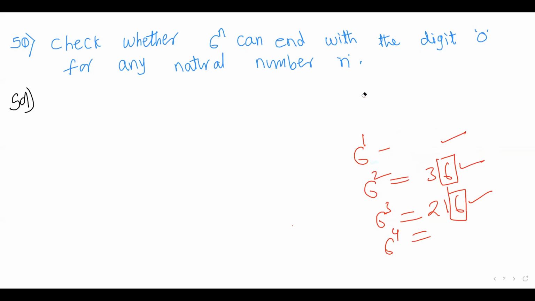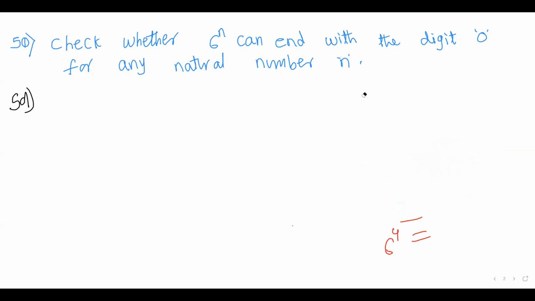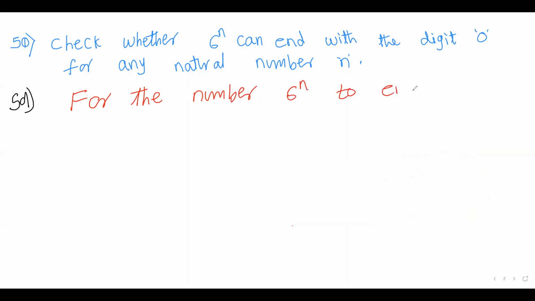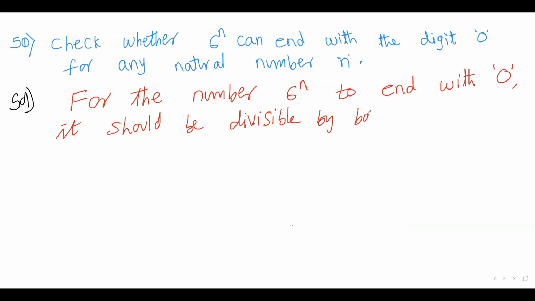So how you will write the answer, I will explain, look carefully. First step you have to write: for the number 6 power n to end with 0, it should be divisible by both 2 and 5.